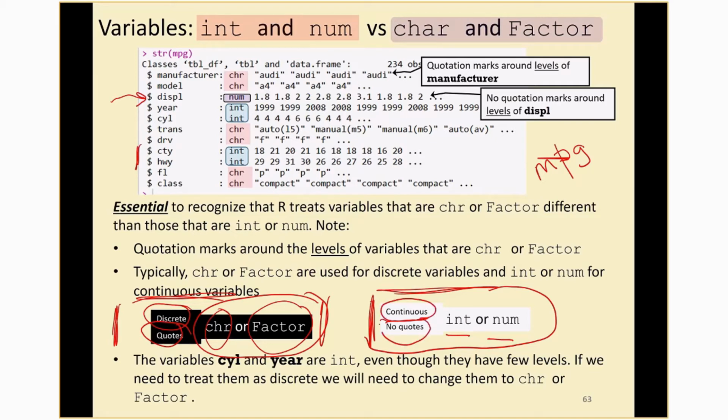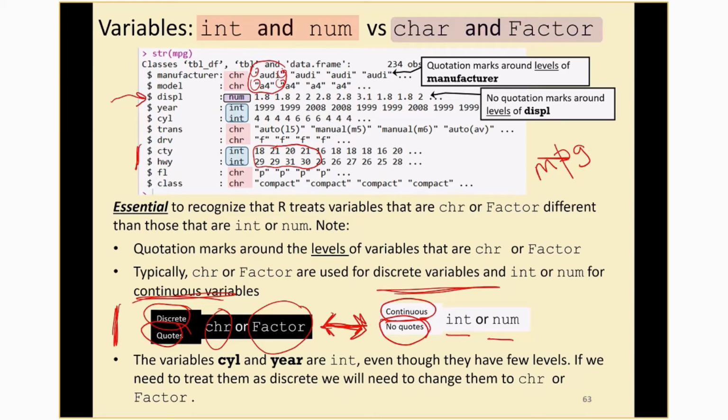So in contrast to manufacturer and model, where you see these little quotations, if you look at city and highway mileage and the different levels, there's no quotations surrounding them. Why is this distinction between these 2 groups of variable types so important?